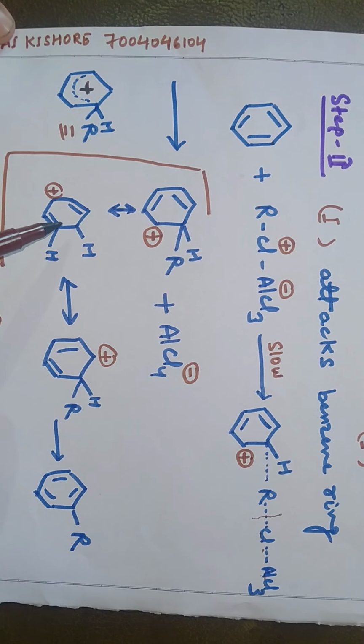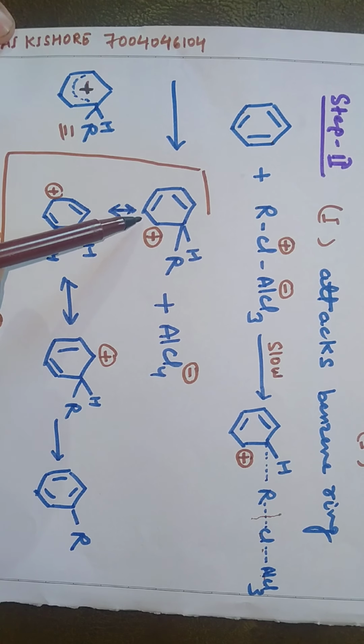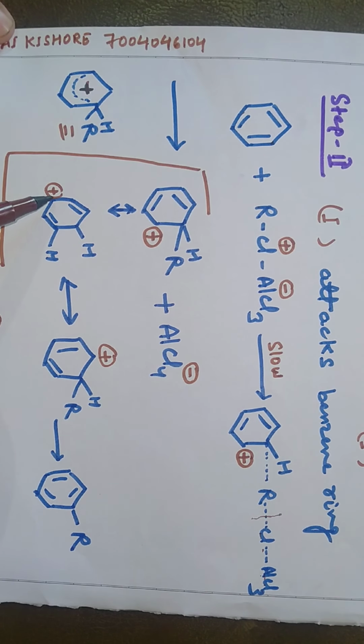We have shown the resonating structures here. So if this bond shifts here, then the positive charge will shift to this position, and if this pi bond shifts here, then the positive charge will be here. So like that resonating structures are possible, we have shown here.